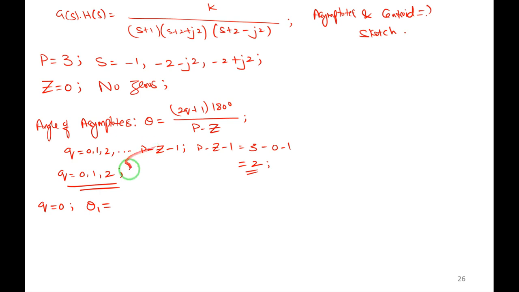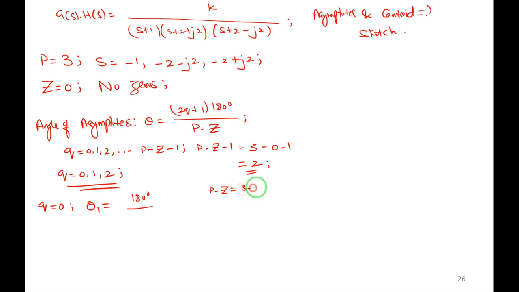Okay, for q equal to 0, substitute q equal to 0 here. So 2 into 0 plus 1, that is 1 into 180 degrees, divided by p minus z.